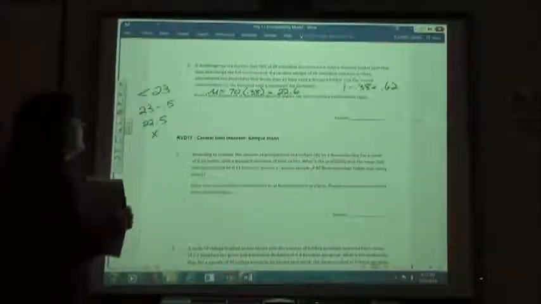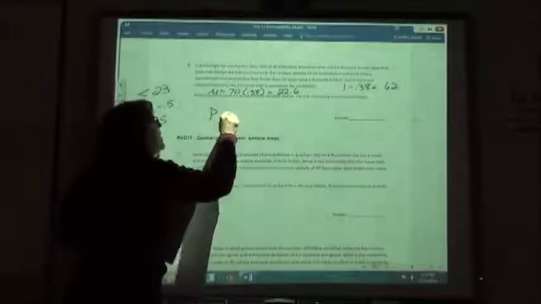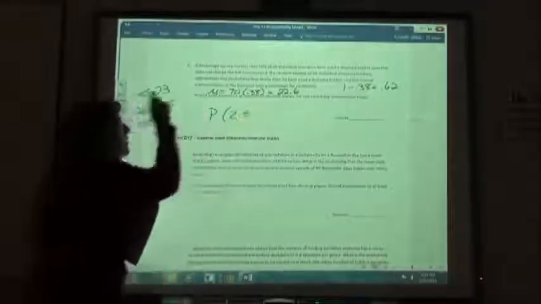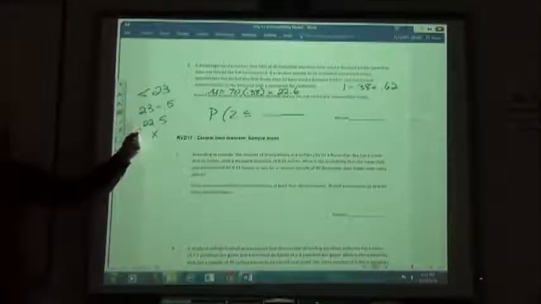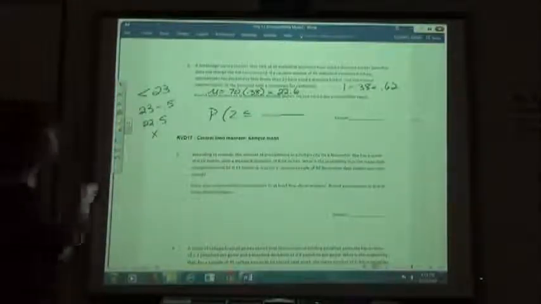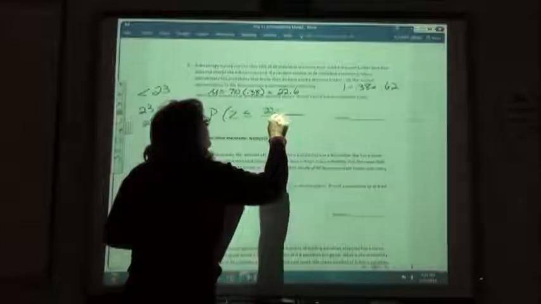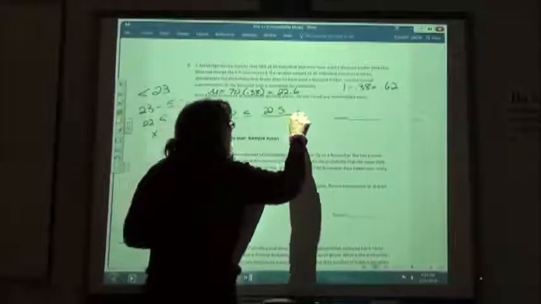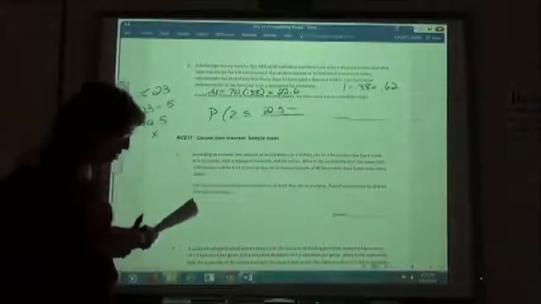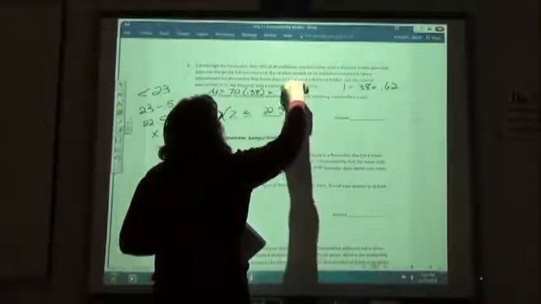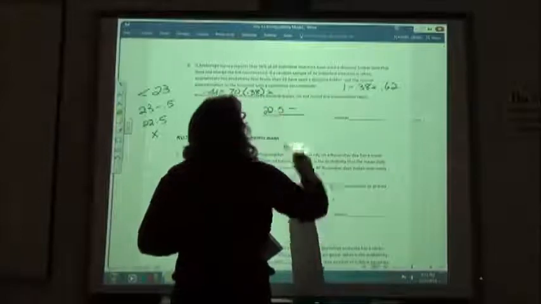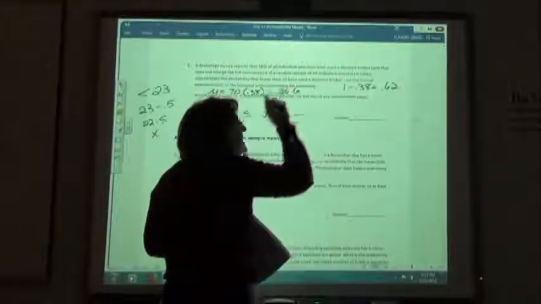All right. So this one we were doing a less. So since we're doing a less, we just start with the P of Z is less than or equal to. Don't need the 1 minus since it's a less. My X value is the 22.5 minus my mean, which was supposed to be 26.6, I believe.